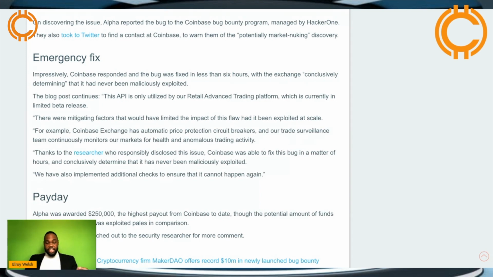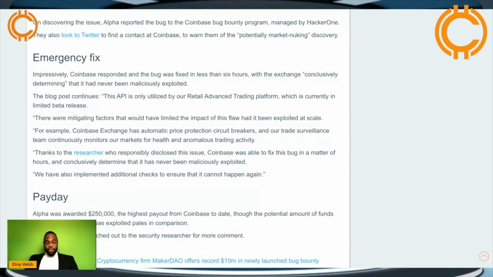This API is only utilized by our retail advanced trading platform, which is currently in limited beta release. There were mitigating factors that would have limited the impact of this flaw had it been exploited at scale. For example, Coinbase Exchange has automatic price protection circuit breakers.